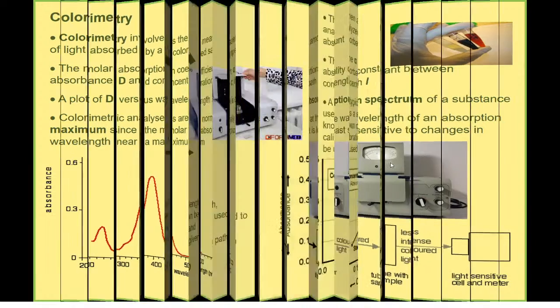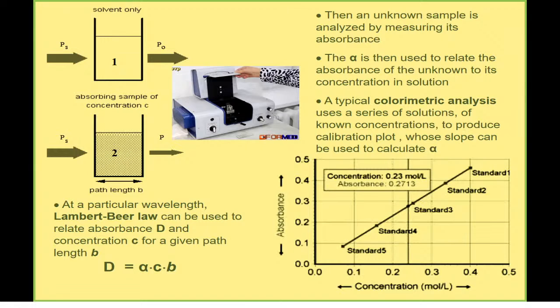And what is that method? It is, first of all, the calibration of the colorimeter. You use several samples of known concentrations, these standards, and you investigate the magnitude of the absorbance versus concentration.